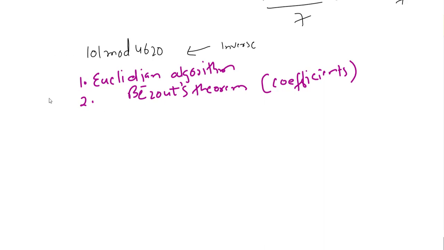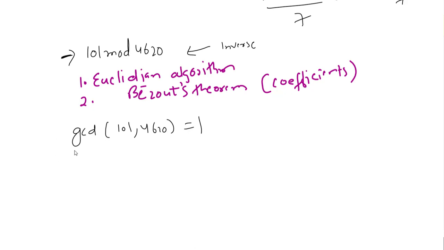Now, when we have this expression with modulus, at first what we'll try to find is that the GCD of 101 and 4620 is 1. We'll use the Euclidean algorithm.